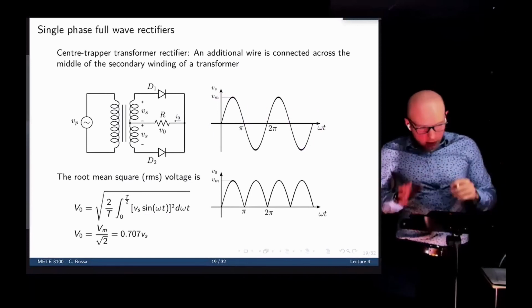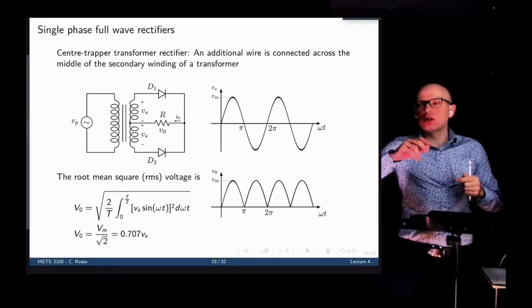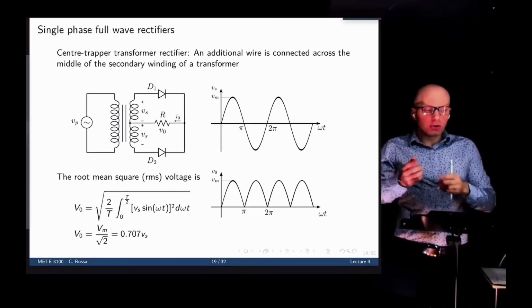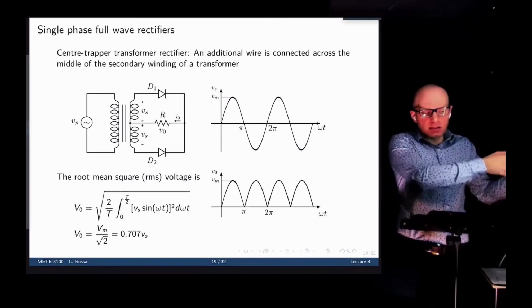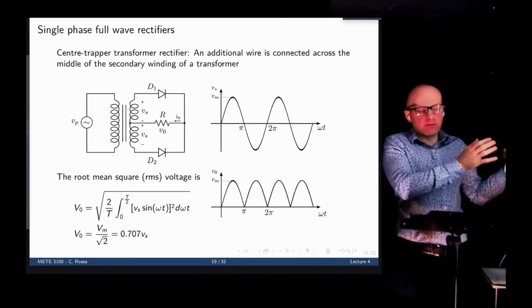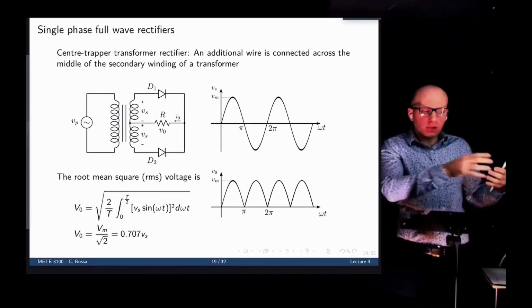The RMS is a quantity that alludes to how much voltage we would need in DC to create the same heat or the same Joule losses as in AC. So let's say 100 RMS volts in AC is equivalent to 100 volts in DC.